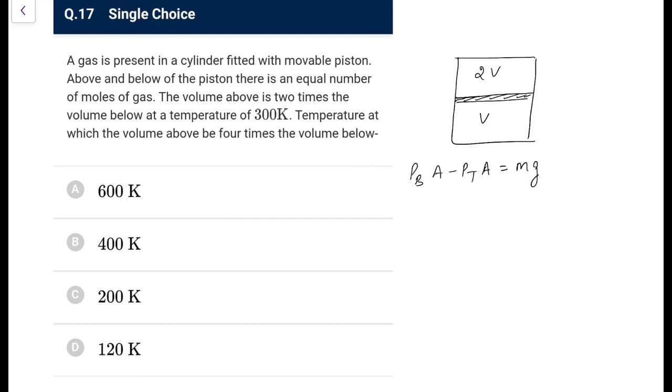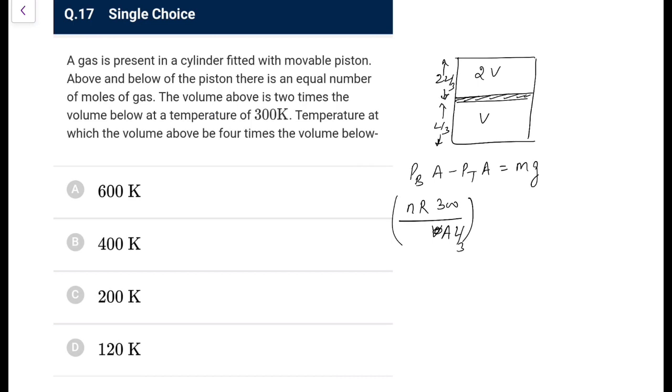So the pressure we say is nRT by V. Typically we write it as nRT by V, so n is n, R is R, this is 300 over V. I can write it as V, and this is A, or we can write this V as A into, let's call it L by 3, and this would be 2L by 3. I think that would be a better way to write it.